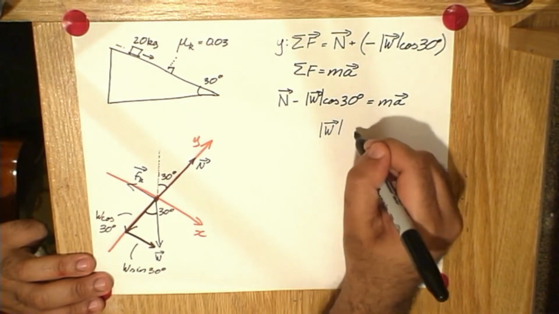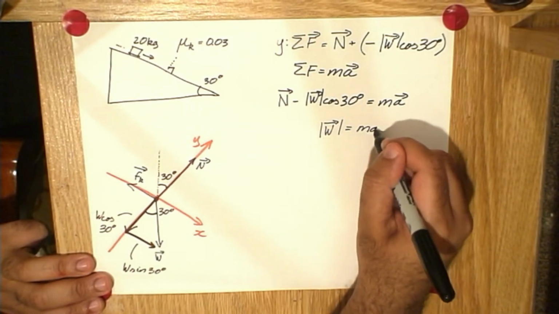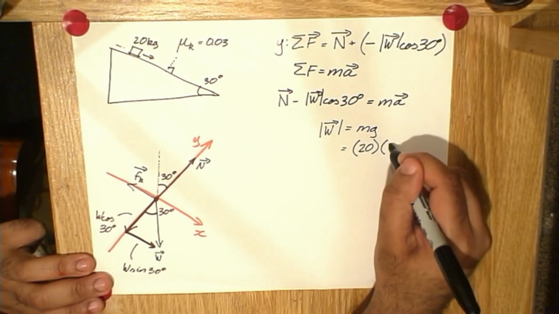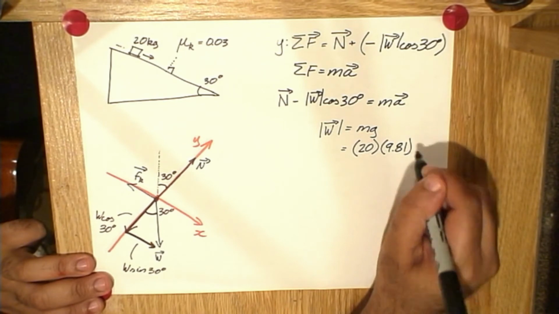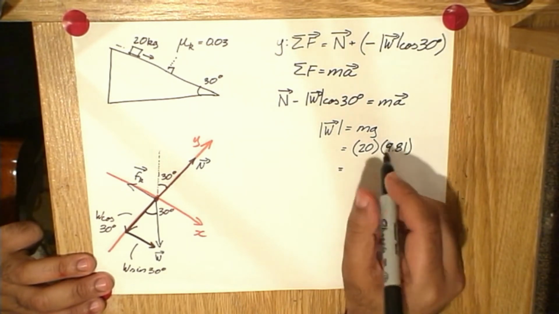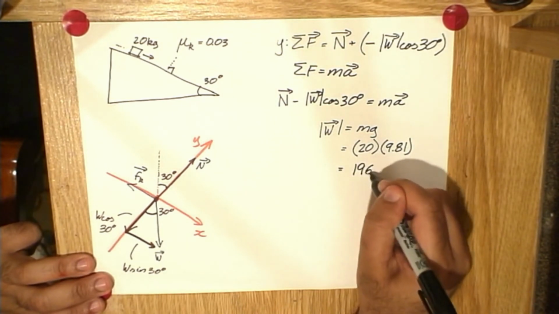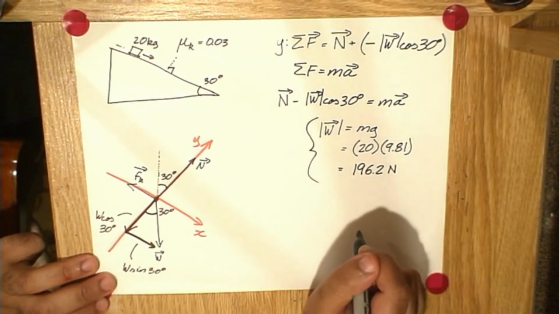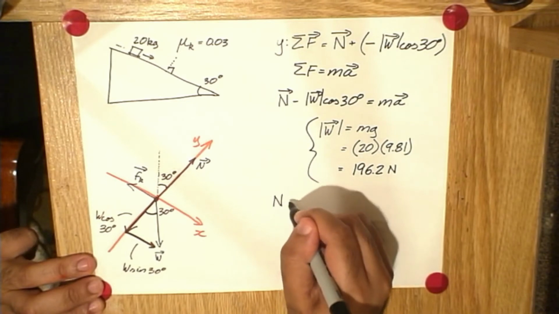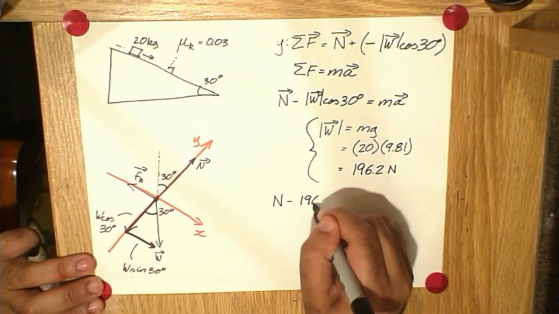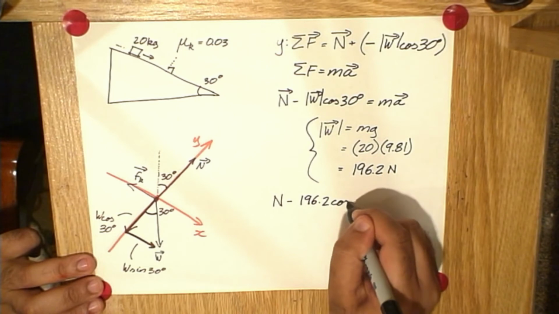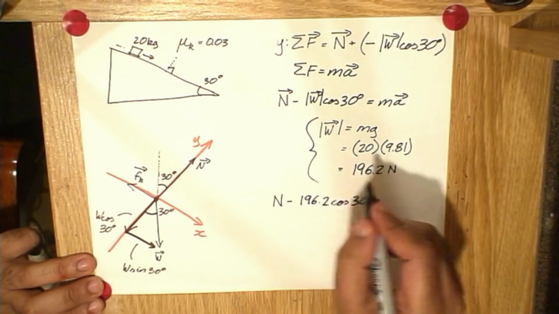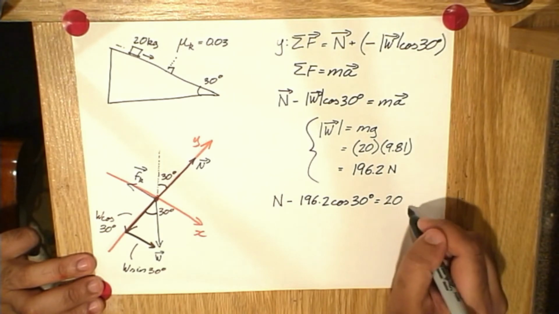The weight of this object is given as mg, where mass is 20, g is 9.81. So when you work that out, that's going to come to 196.2 newtons. So normal force minus 196.2 cos 30 degrees is equal to the mass, 20, times the acceleration.